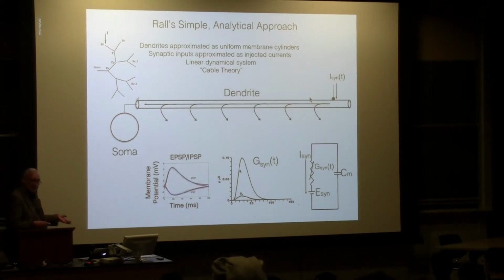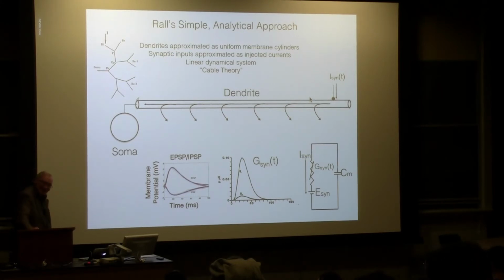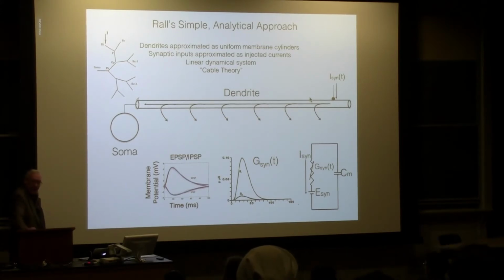Yes? Just to be clear, this is channel independent, right? There are no ion channels in this model? Very good question. In Rall's formulation, there were ion channels for ions to move across a membrane, to leak out of this cable. They have to go through something.